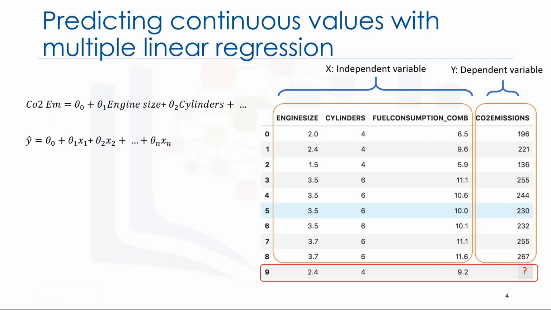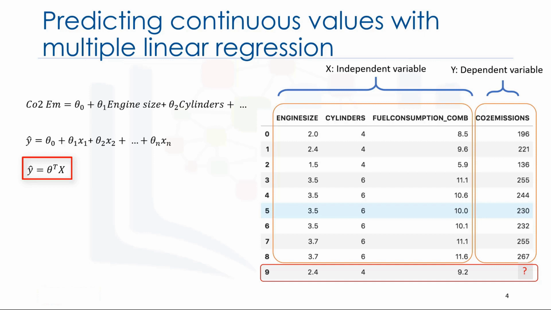Generally, the model is of the form y hat equals theta 0 plus theta 1 x1 plus theta 2 x2, and so on, up to theta n xn. Mathematically, we can show it as a vector form as well. This means it can be shown as a dot product of two vectors, the parameters vector and the feature set vector.